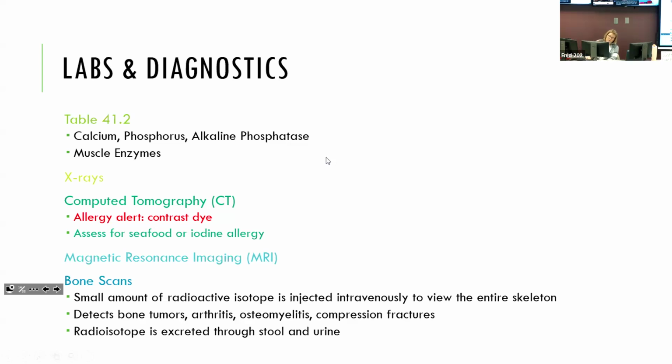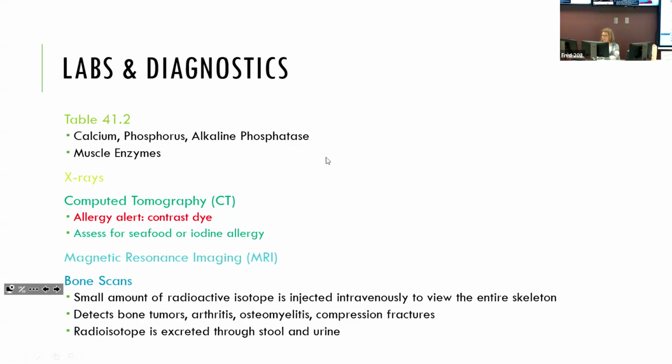A good thing to ask them is simply, have you ever had an MRI or a CT scan, and have you had any issues with the dye? If they've never had one, then make sure you ask them about allergies and seafood allergy. And I glossed over x-rays, but x-ray is just your basic x-ray, MRI, and then bone scan.